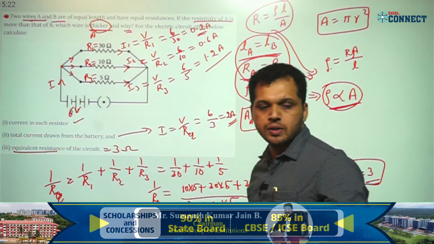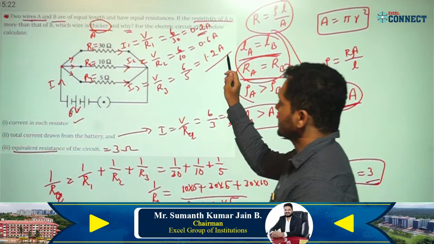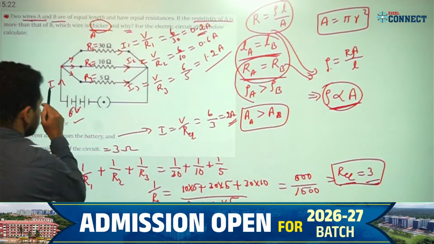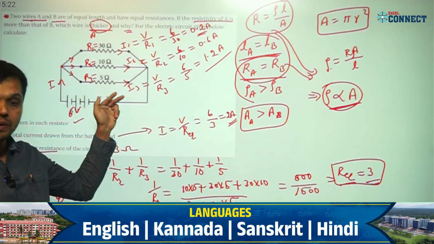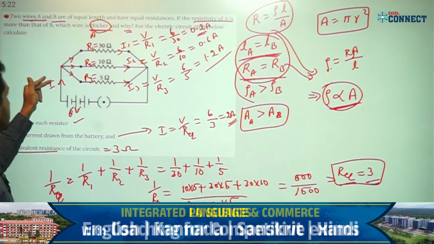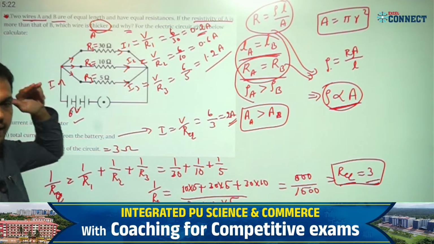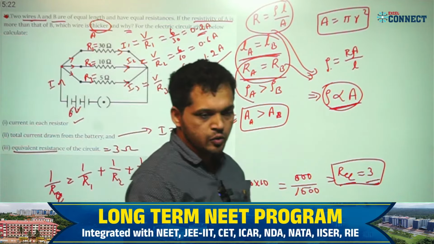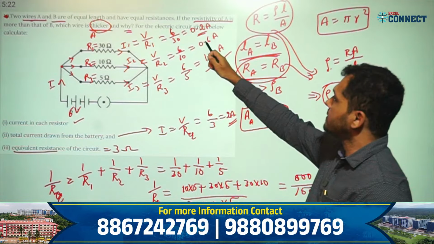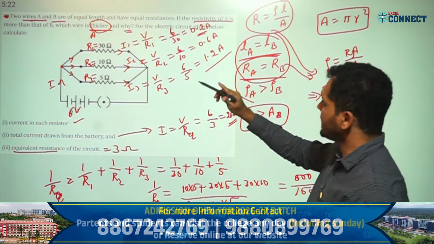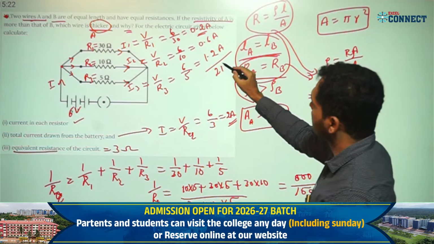Students, tell me what is the total current? This total current must be this I, correct? I1 plus I2 plus I3 must be equal to I here. Now 1.2 plus 0.6 plus 0.2, in total we get 2 ampere.